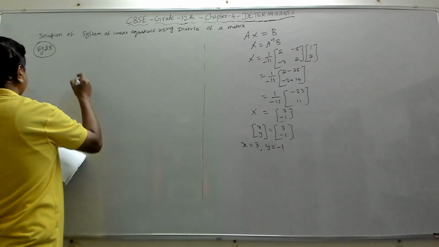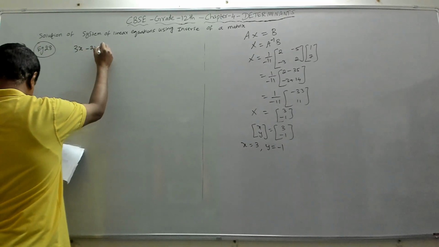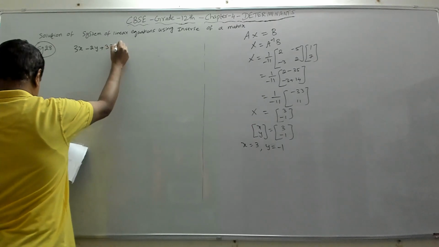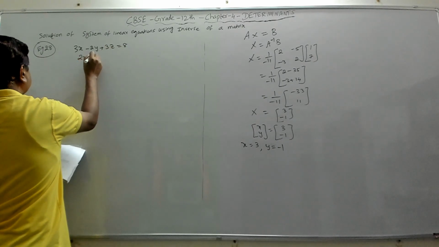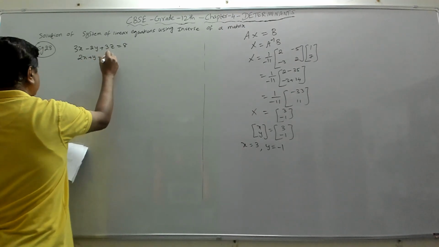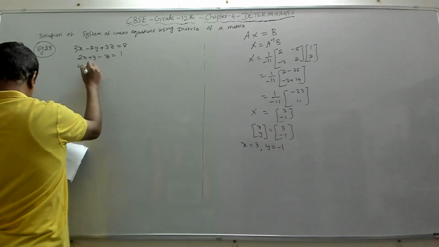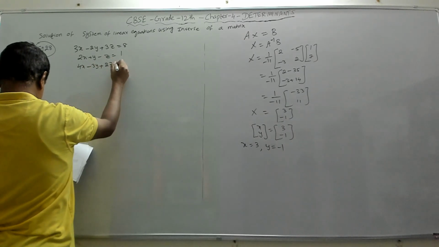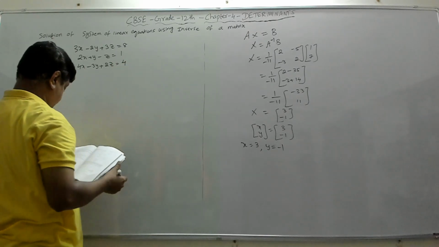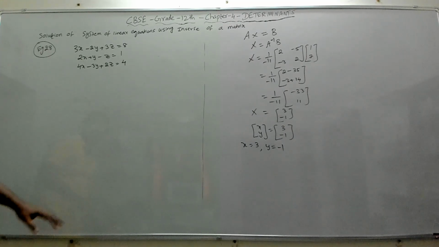The given equations are 3x minus 2y plus 3z equal to 8, 2x plus y minus z equal to 1, 4x minus 3y plus 2z equal to 4. So we will have to solve this and find the values of x, y and z.